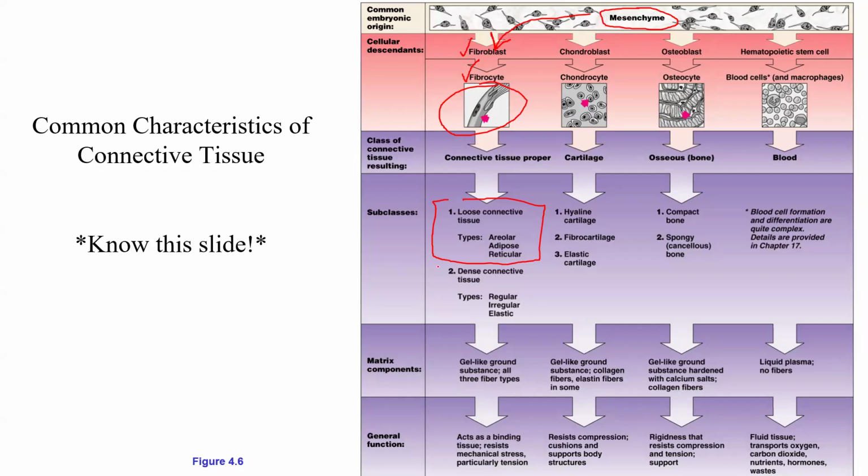If we take those fibers, particularly the collagen ones, and compact them into a really dense state, then if they're all running in the same direction, they're dense regular. If they're running in multiple directions, they're dense irregular. And if they're made of elastic fibers, they can stretch, like your blood vessels or your lungs. Then they're elastic. That was connective tissue proper.